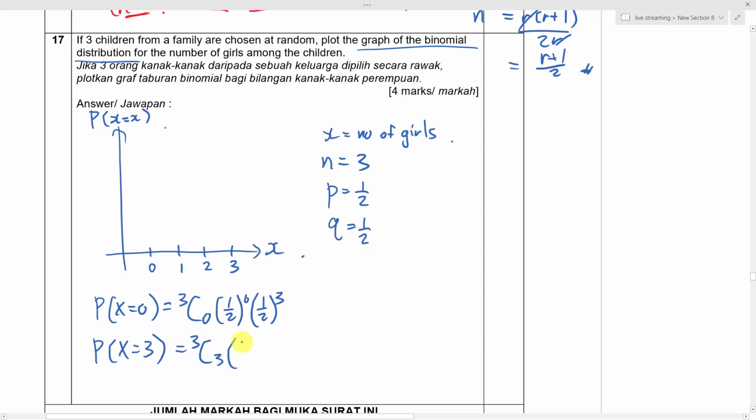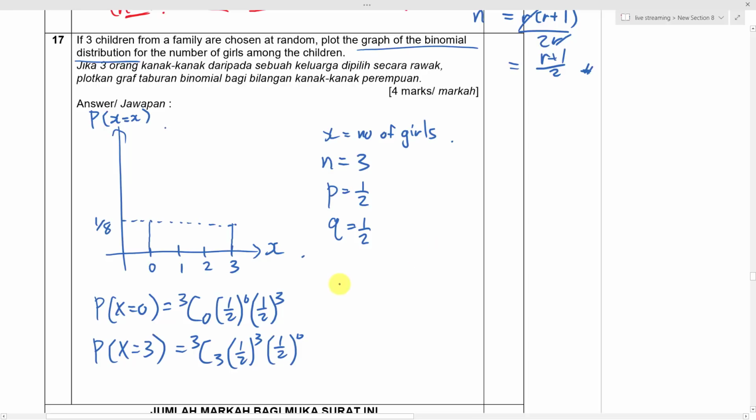This is 3c3, 1 over 2 power of 3, 1 over 2 power of 0. Both of these are the same because 3c0 is 1 and 3c3 is 1, and both have the same probability, which is 1 over 8. So this one I will get 1 over 8, and 3 will give me the same thing, 1 over 8.